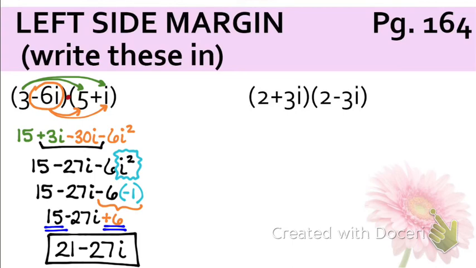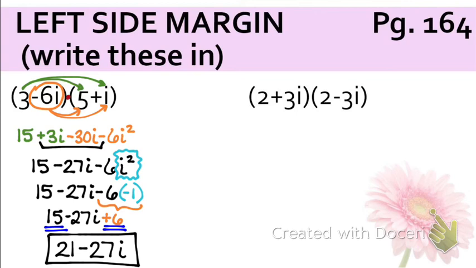Quick question. These two cancel out, so it's just a 0. Miss Bo, on the 3i, don't you have to times it by 2?